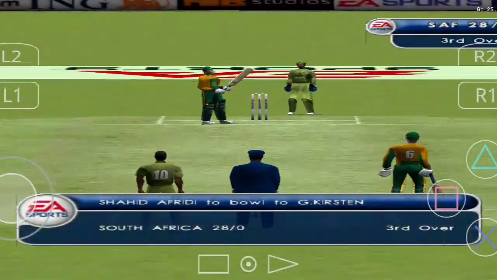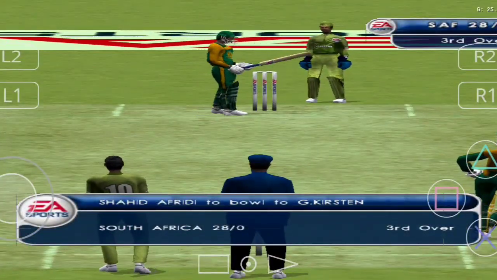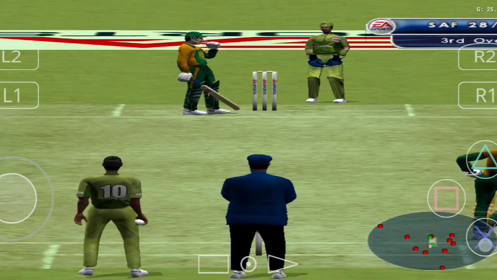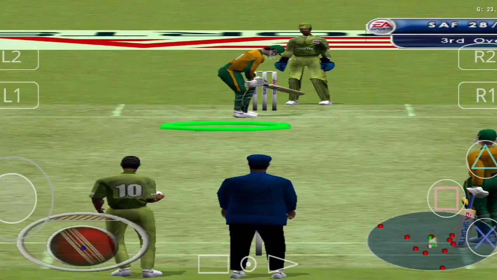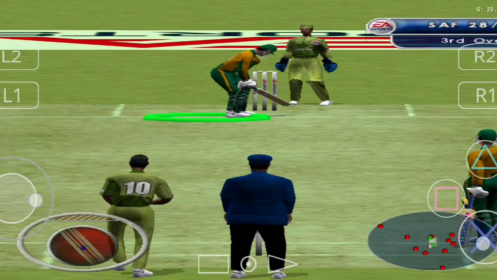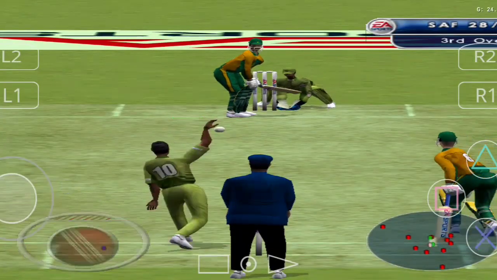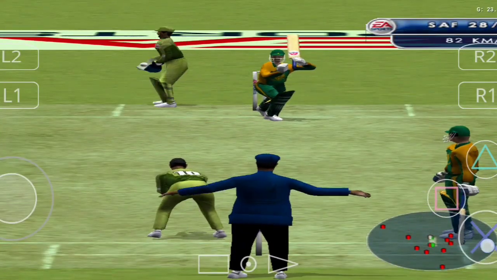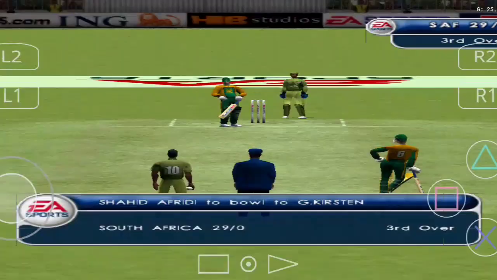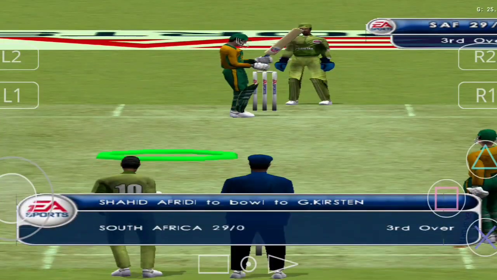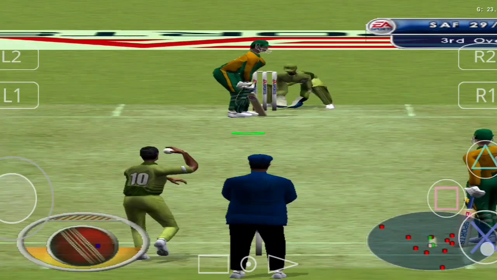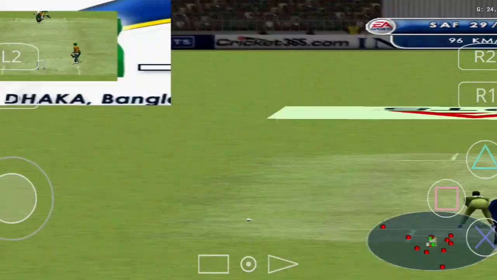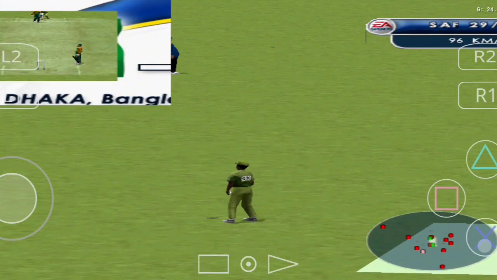We're about to have a change of bowling with the leg spin of Shahid Afridi. He'll be aiming for that rough patch. Hit straight to a fielder.